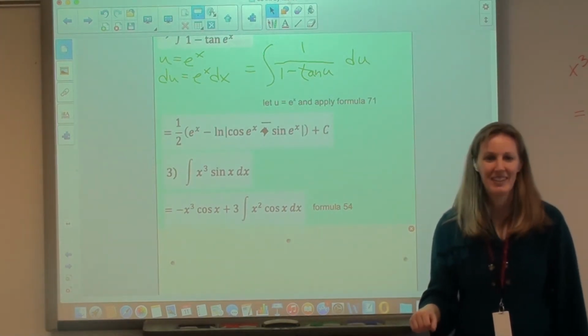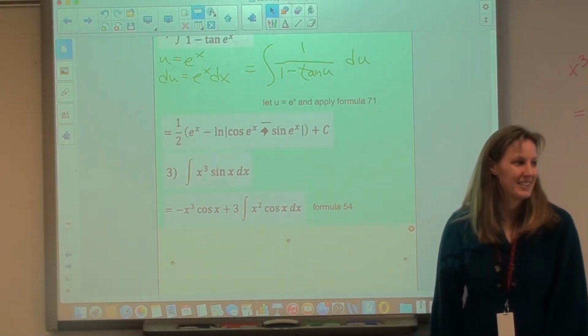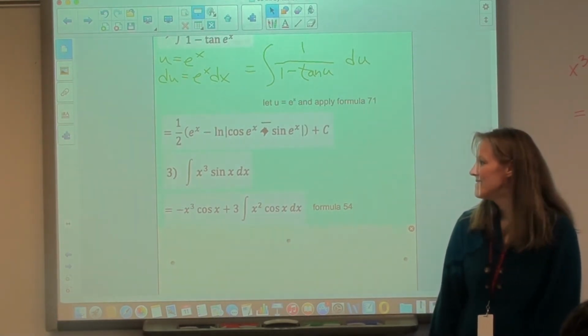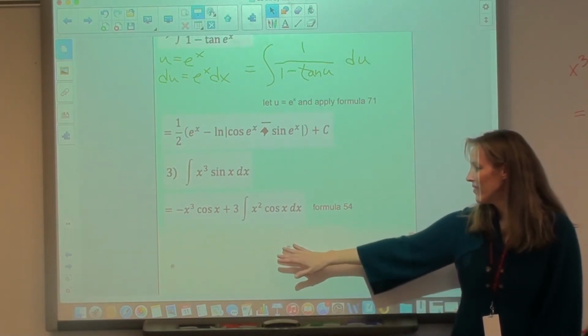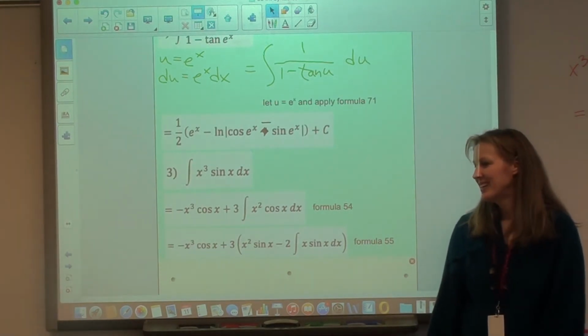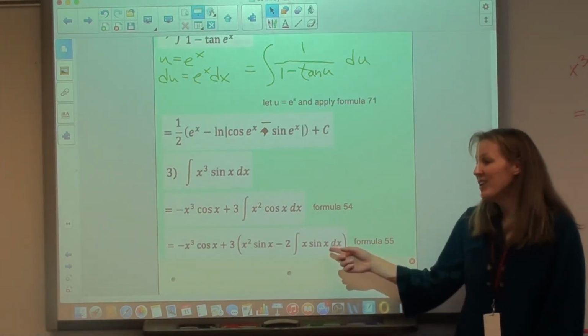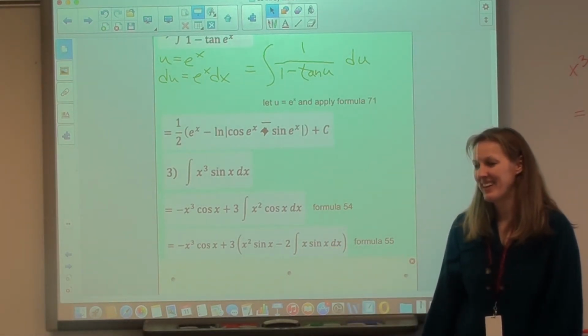Then you get the sine integral next, kind of. Yeah, you keep going because the power keeps decreasing, and then you can go again.